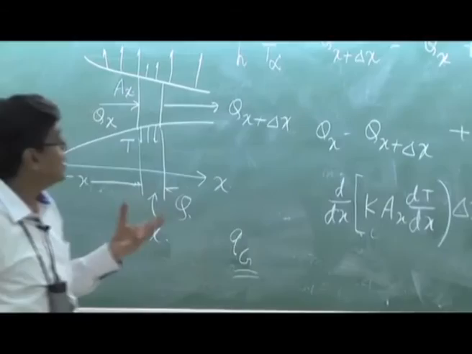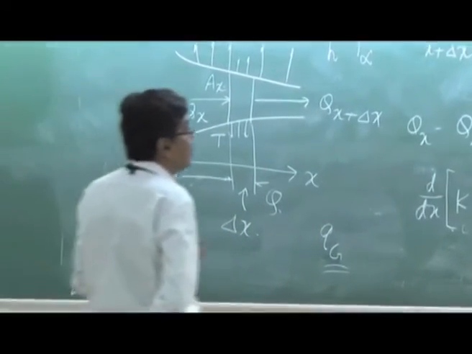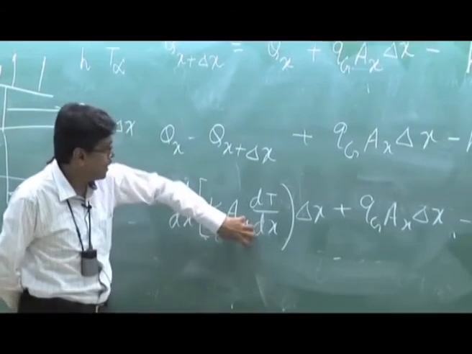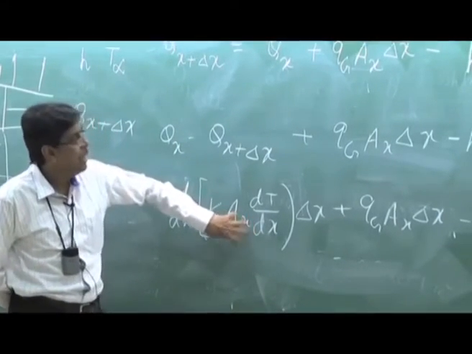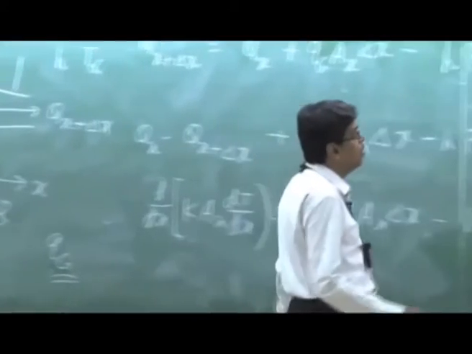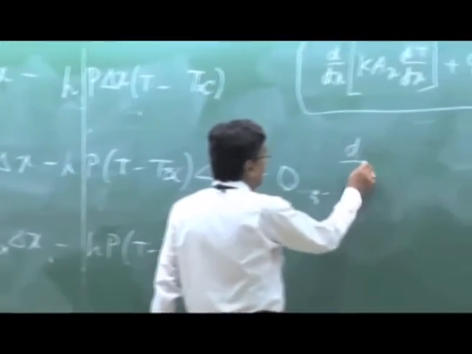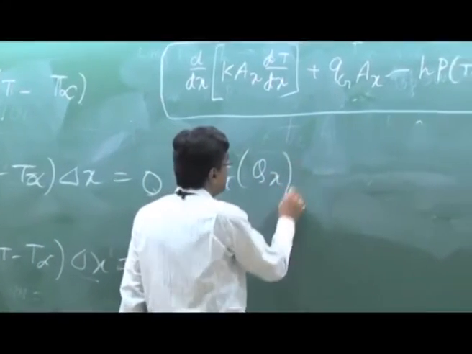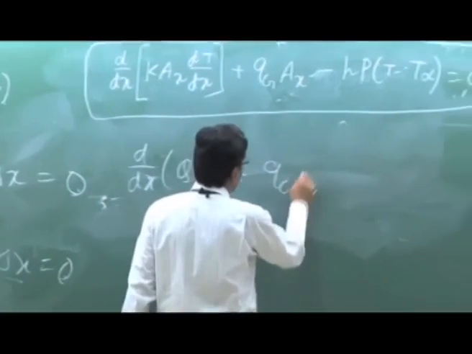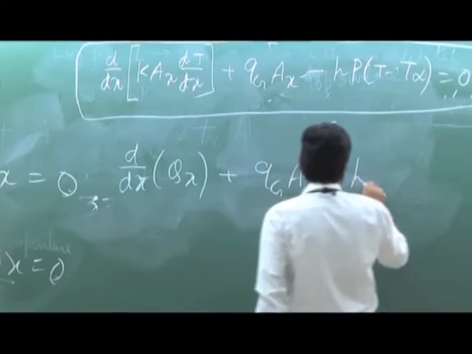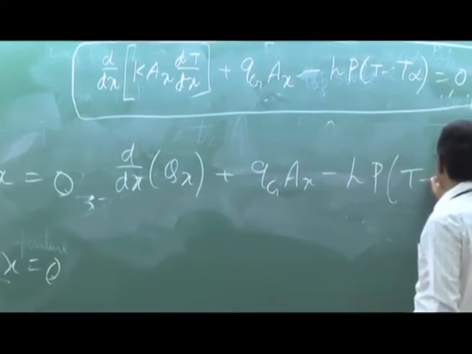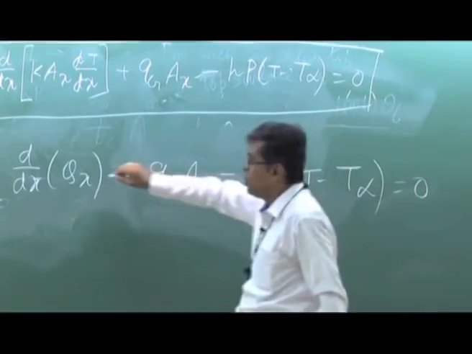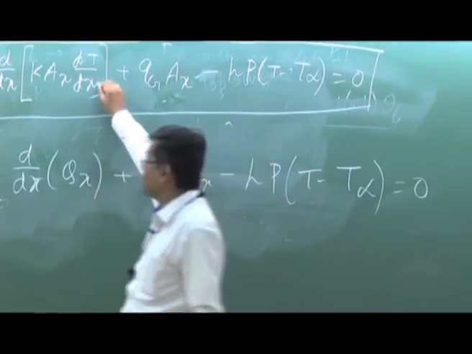Okay, so this expression, or if you write this in terms of Qx, d/dx of Qx plus Qg Ax variable area. That means this is the most general expression. These two are the same equation in terms of total heat transfer rate, in terms of the temperature.